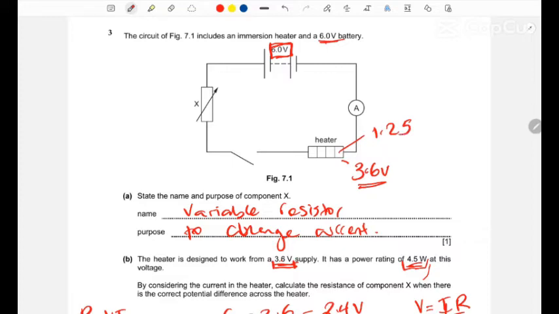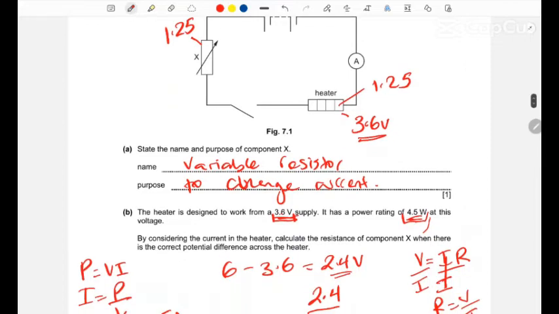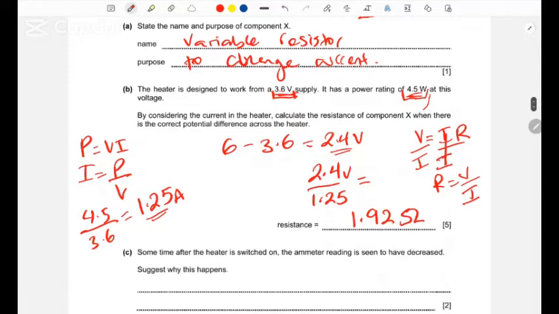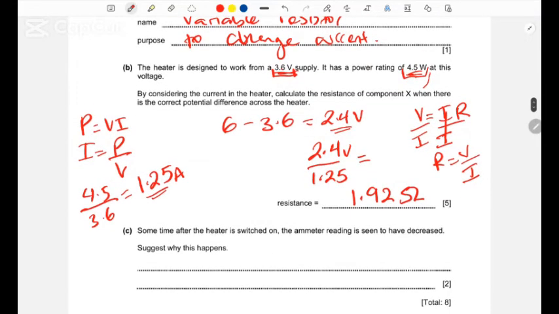Now this is a series circuit, so the current is the same everywhere. So the current in the variable resistor is also 1.25. So we do 2.4 volts over 1.25 to find the resistance in ohms, and that would give us 1.92 ohms. So that's how you get the 5 marks.